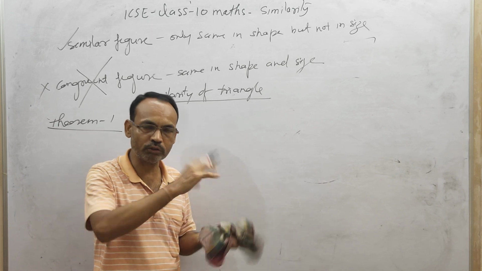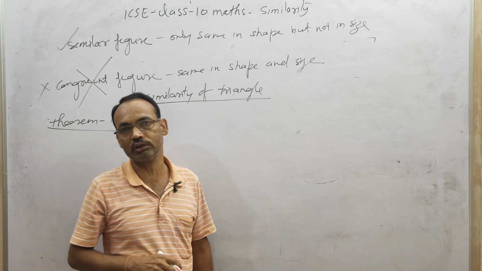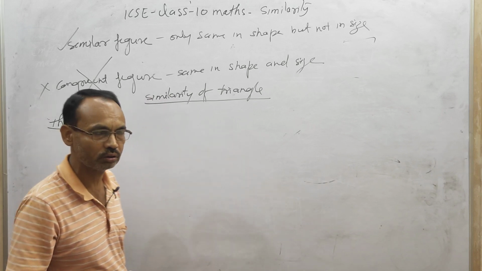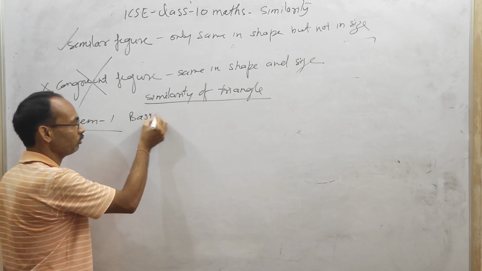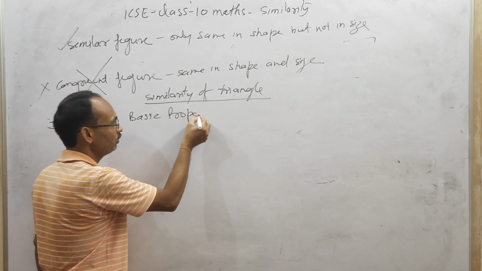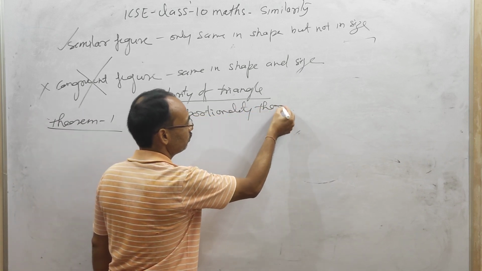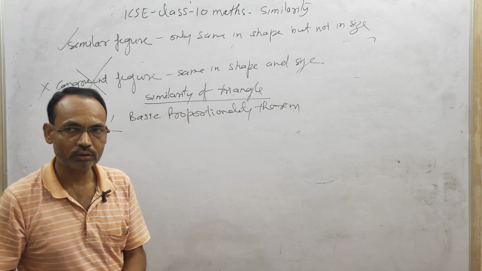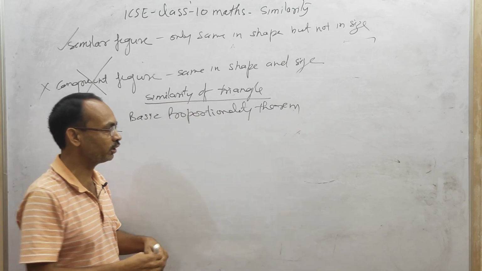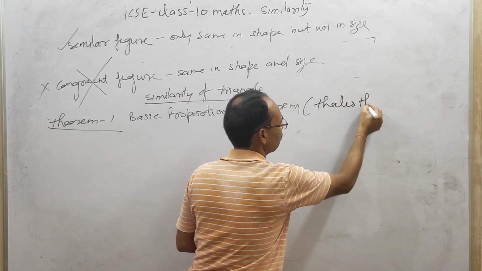Do not prove the theorem because it is not in your reduced syllabus for the 2021-22 exam of the council. The basic proportionality theorem is also known as Thales theorem.